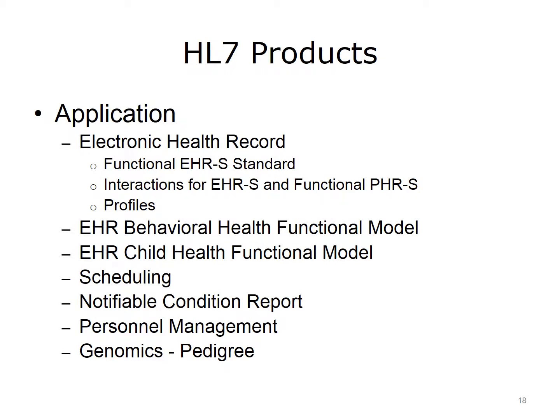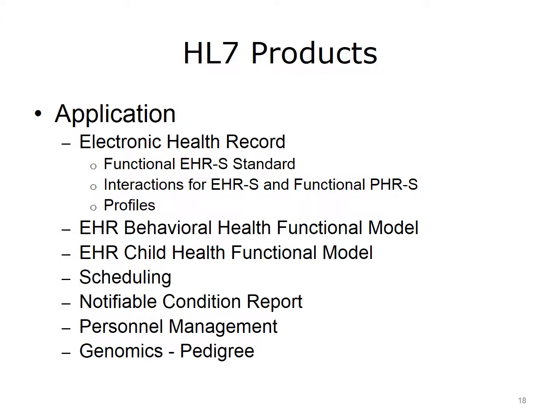The Behavioral Health Functional Model and the Child Health Functional Model are examples of profiling, the basic standard for a specific domain. Profiling is expanding into a number of sites, settings, and uses. Scheduling permits the exchange of appointment and diagnostic test scheduling among units.